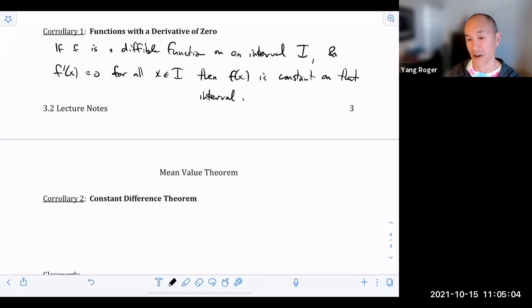To me, this seems kind of obvious. If you have a prolonged period of points where the tangent line is horizontal, that means that segment of the function is going to be a horizontal line, or a constant function.